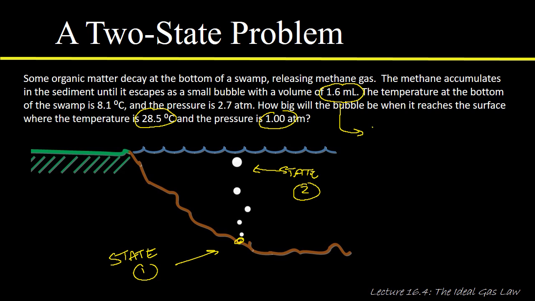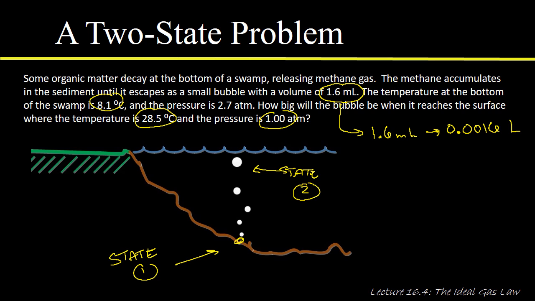So before we go to the next slide, let's just go ahead and look at this. 1.6 milliliters. This is a simple conversion. We've done these before, so I'm not going to write out all the steps. You can work through this to check and make sure this is correct. But 1.6 milliliters is 0.0016 liters. Okay.